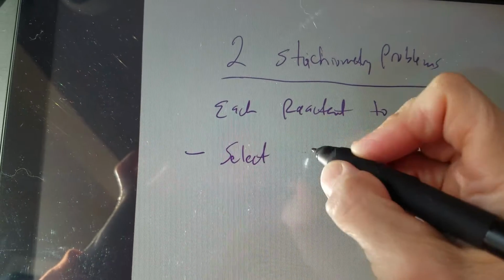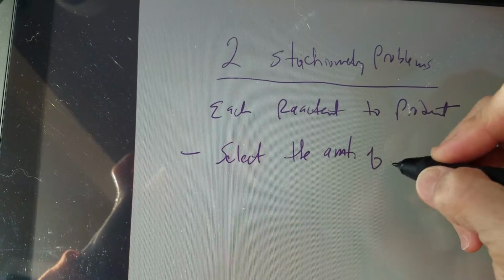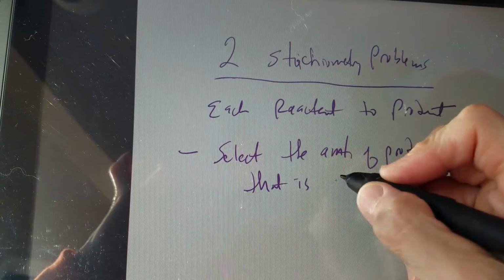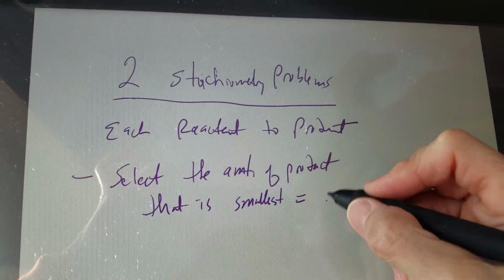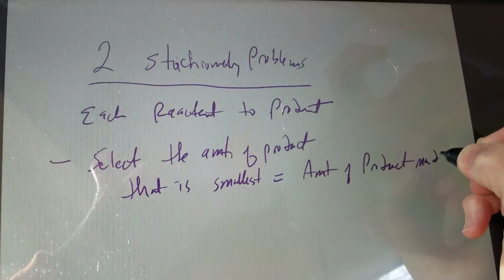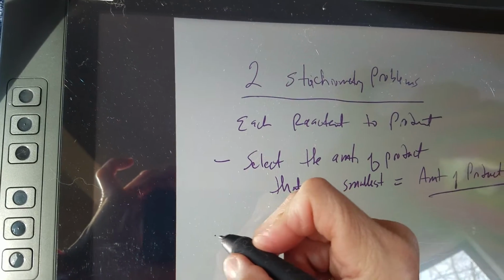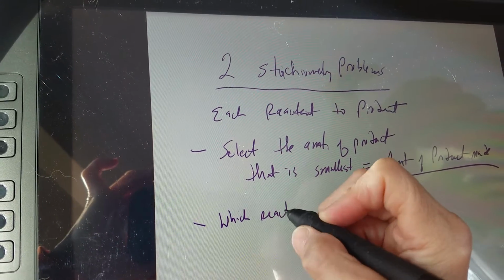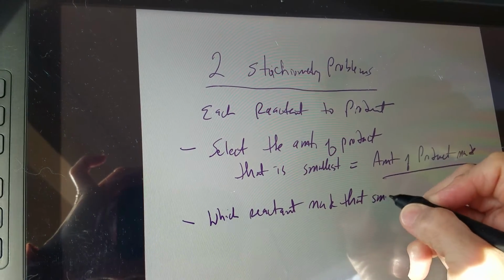Select the amount of product. I'm going to abbreviate a little here. That is the smallest, and that's going to be equal to the amount of product made. Then you're going to back up and see which reactant made that smaller product.